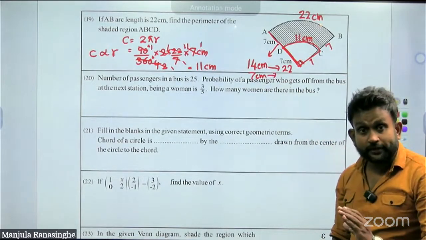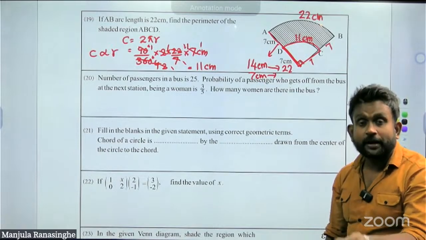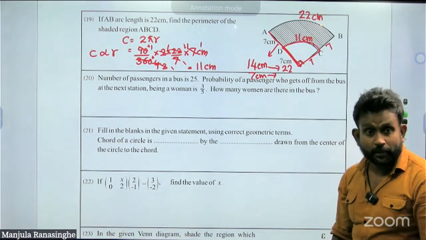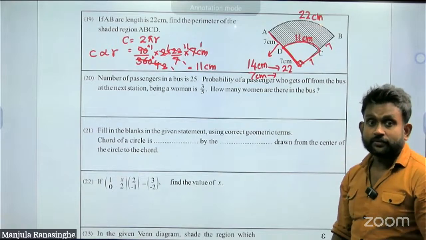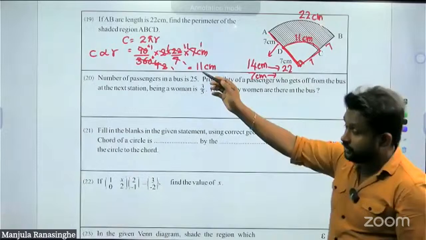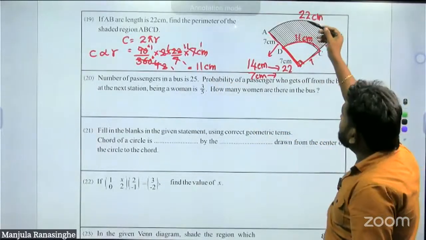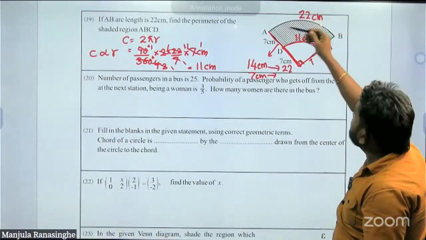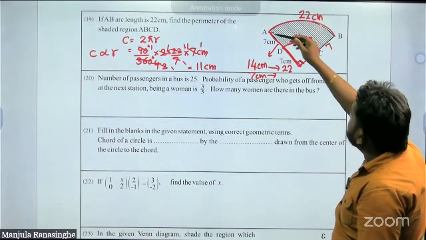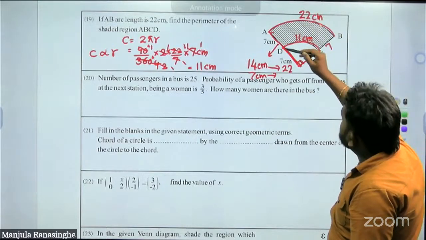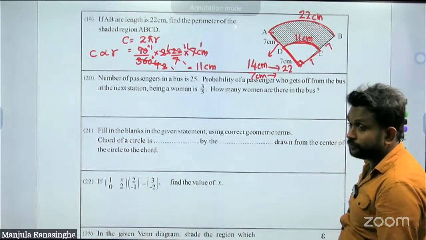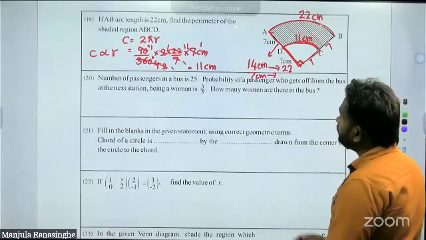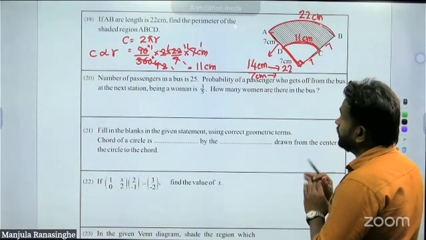When the radius is halved, the arc length becomes half. When the radius is twice, the arc length is twice. That is the logical understanding. So that's how it came: 22 with radius 14, then with radius 7 it is half of that, 11. But we applied the equation and found it out.